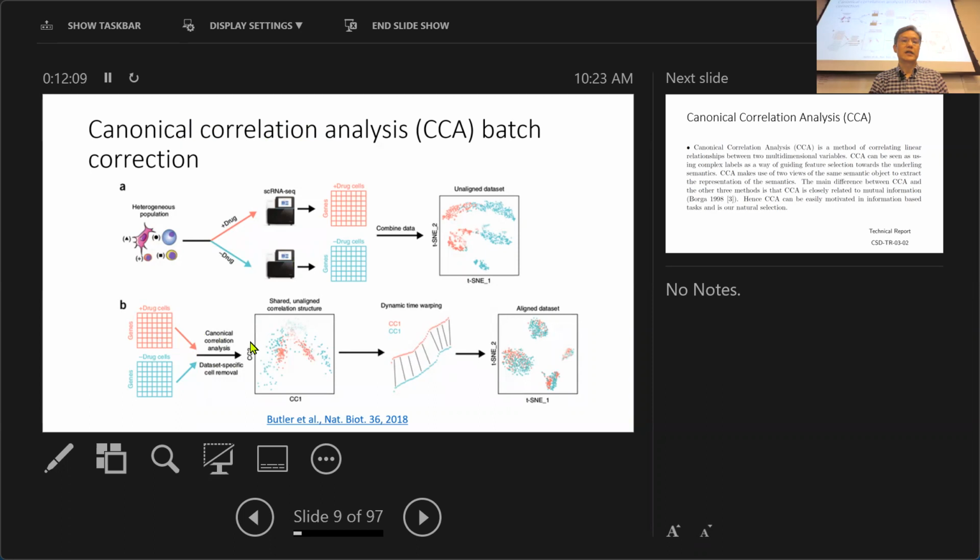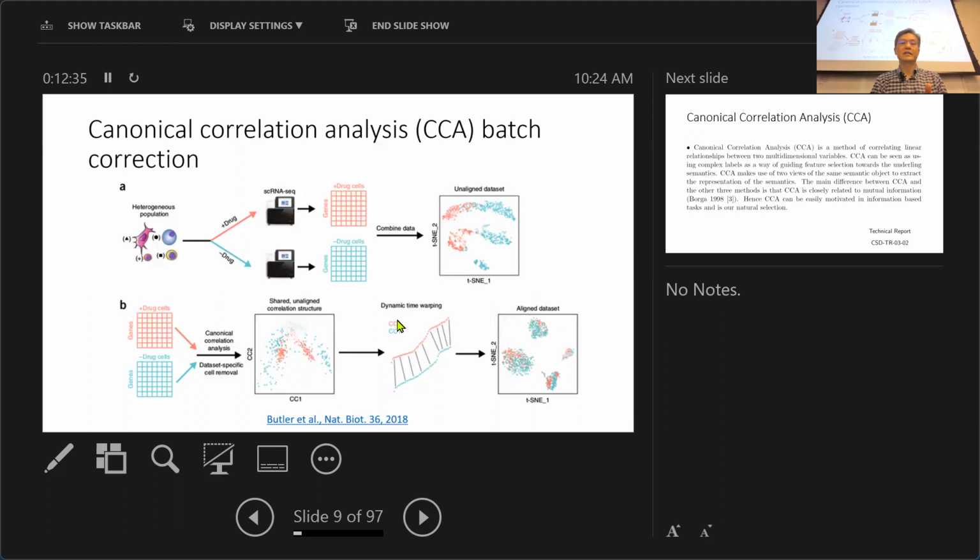Okay, so in panel B here, it shows this: do the CCA first, rotate your cells, allow them to align, and then because of this scaling effect, you see all the cells in batch 1 seem to shrink a little bit. So you want to realign them. They use a technique called dynamic time warping.